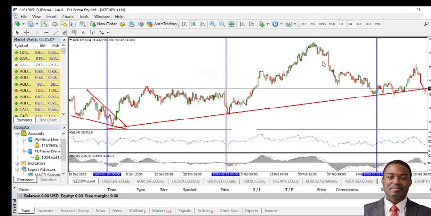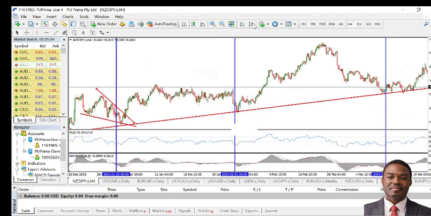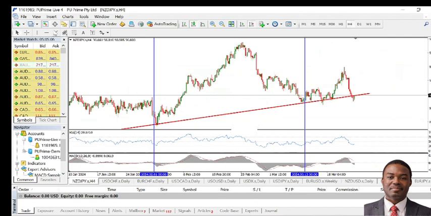And let's go further. I think I'll take the last one right here, and I'll look at this. Right here, we could draw a trend line again. I think all of them seem to be falling wedges this time around, and it's not bad. It's quite valid.